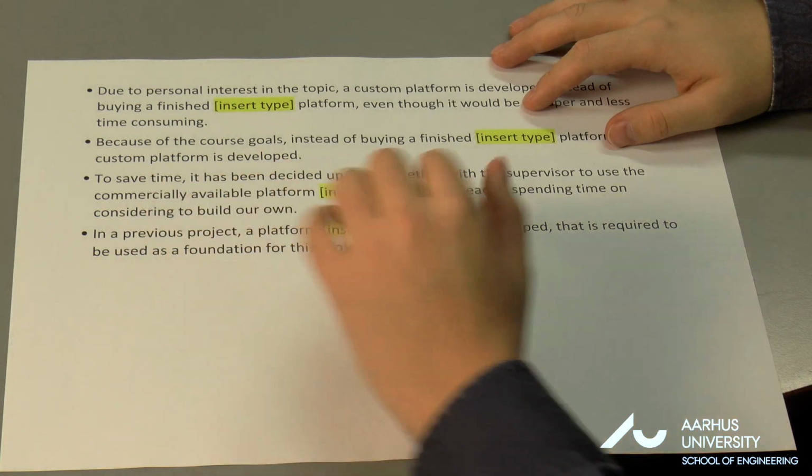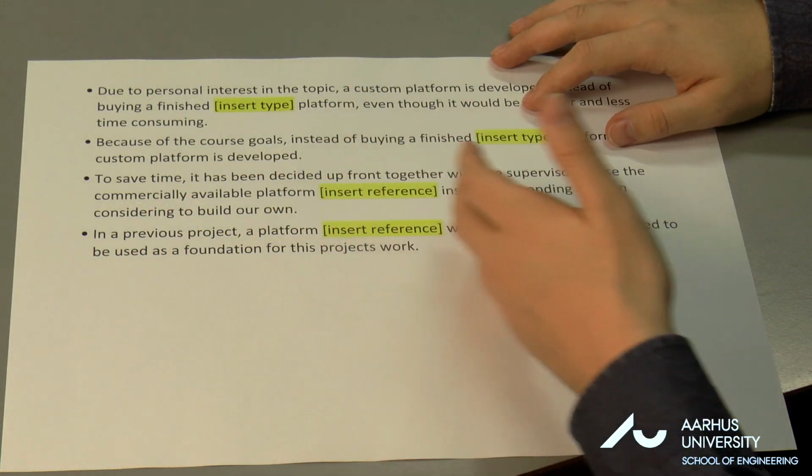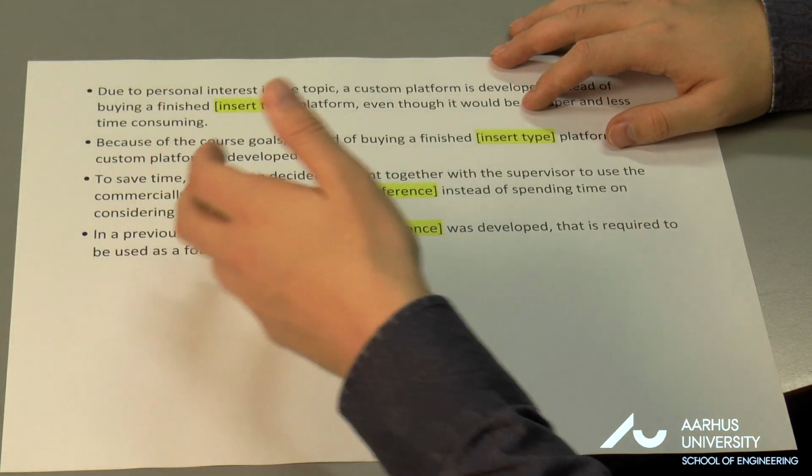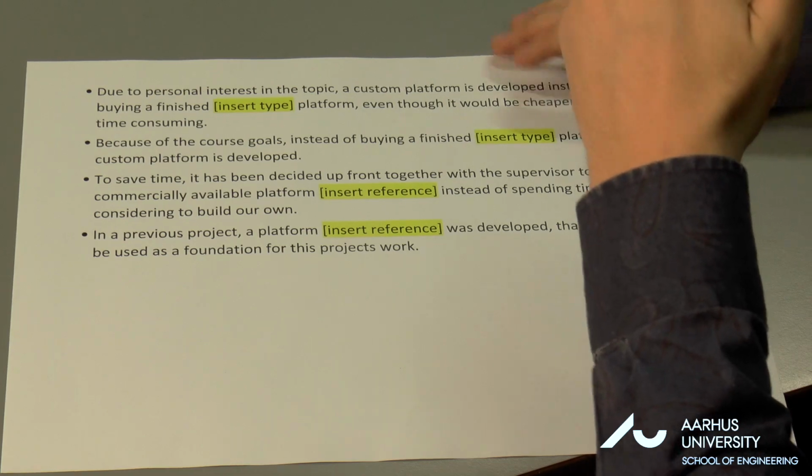In a previous project, a platform was developed, and this is required to be used as a foundation for our project. This is quite typical if you have a larger challenge that can be solved by just one thesis.